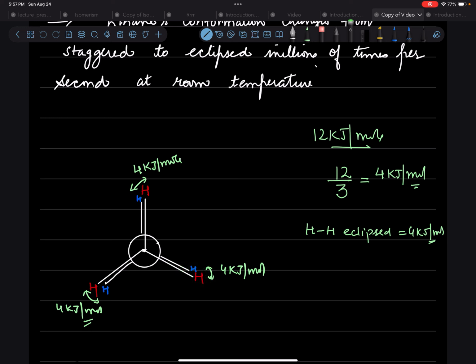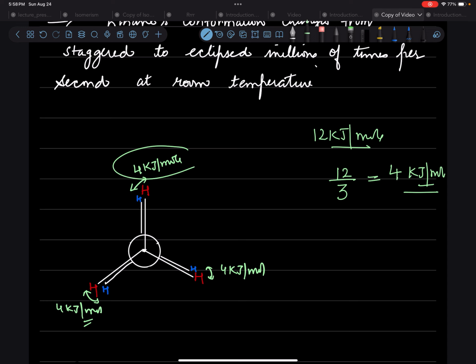Since we have 3 hydrogen-hydrogen eclipsing interactions and the total energy increase is 12 kilojoules, each hydrogen-hydrogen eclipsing interaction accounts for an increase of 4 kilojoules per mole of energy, right?